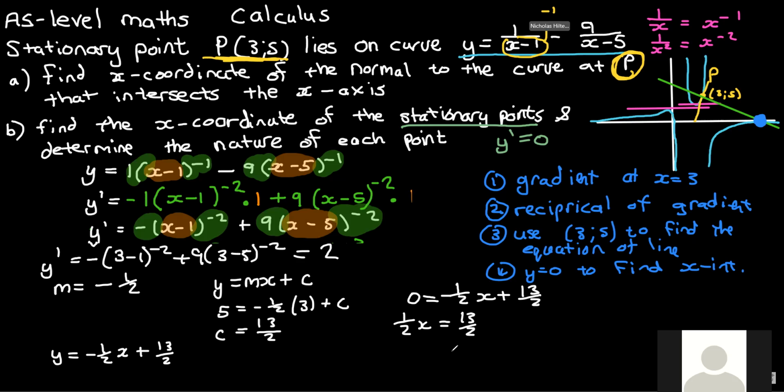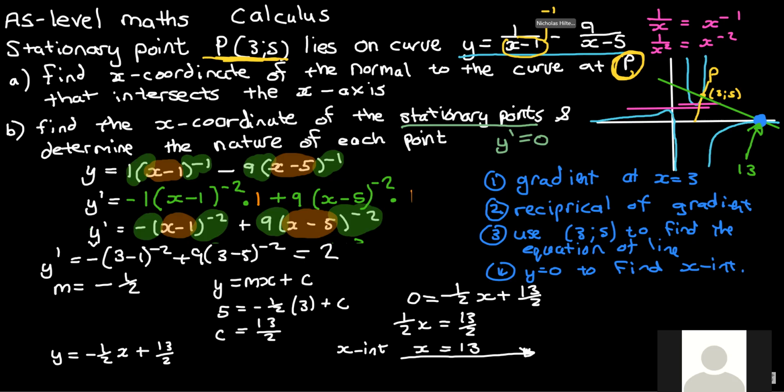We now times both sides by 2, and we get x equals 13. So that is our answer. That is the x value of our x-intercept. If you wanted to, x-intercept equals 13. Let's look at our equation. Well, that makes sense. It should be positive.